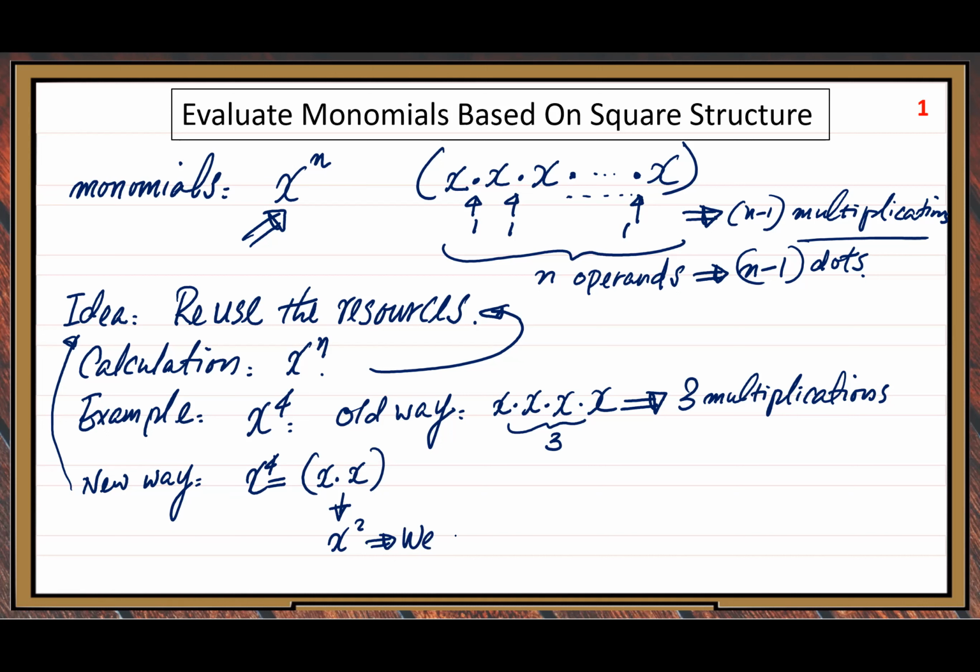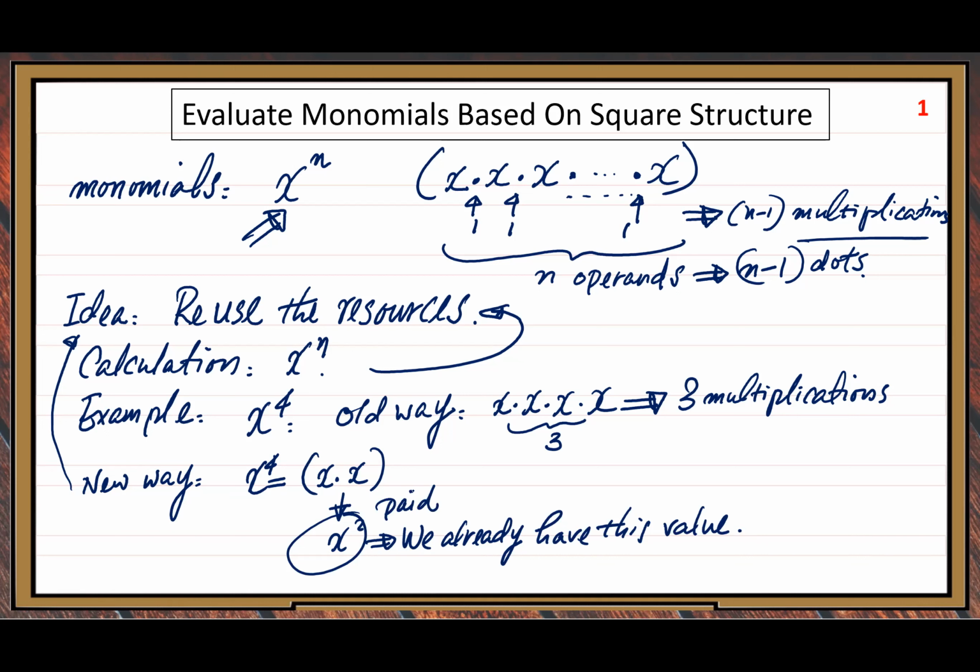We already have this value after the first round of calculation. After we get the square, we already paid for it, right?